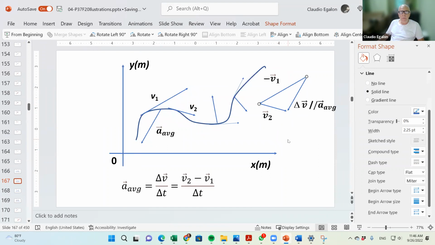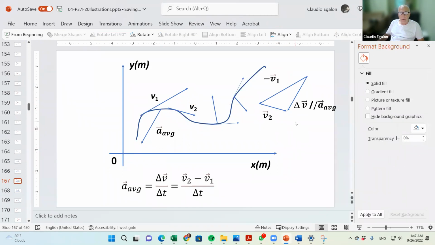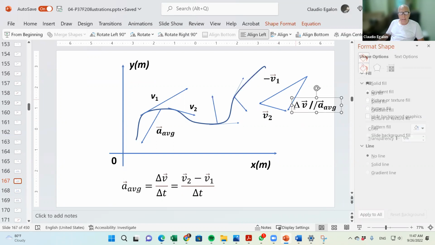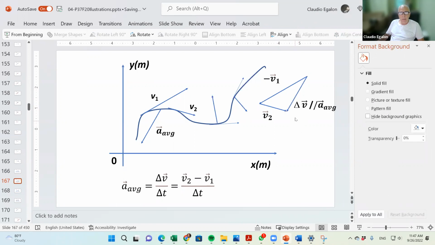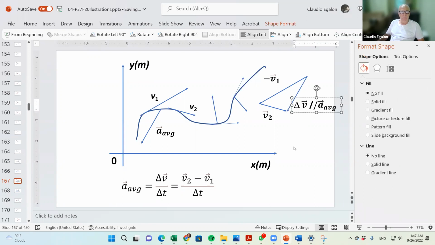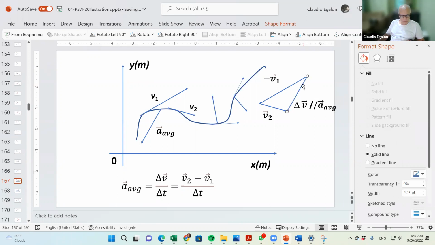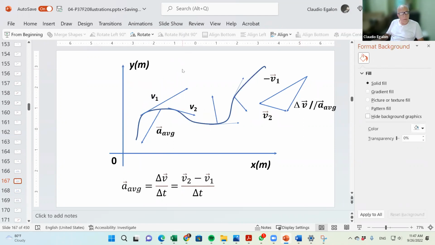We sum those two vectors, we sum V2 with minus V1, and we get delta V. See that? That's the resulting delta V, which, by the way, is going to be parallel to the average acceleration vector. Is this guy parallel to this one? Yeah, it is. So the average acceleration vector is going to point somewhat like that.